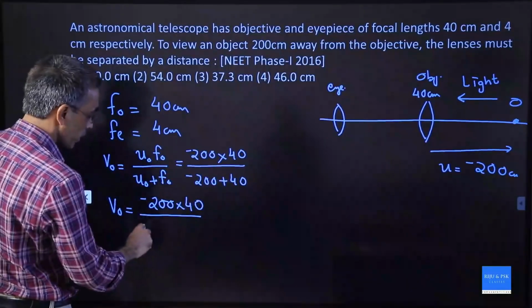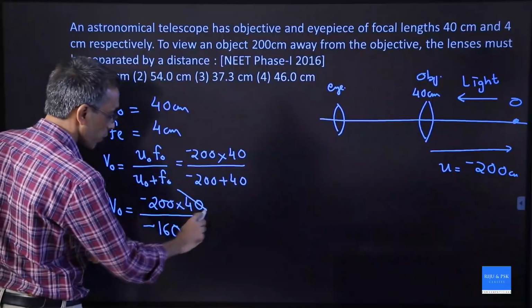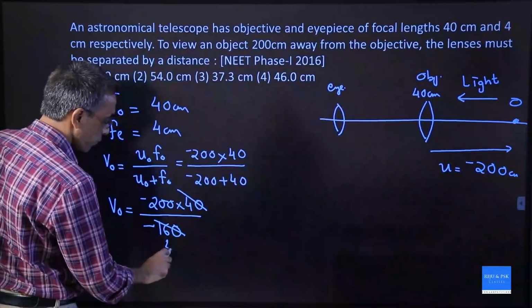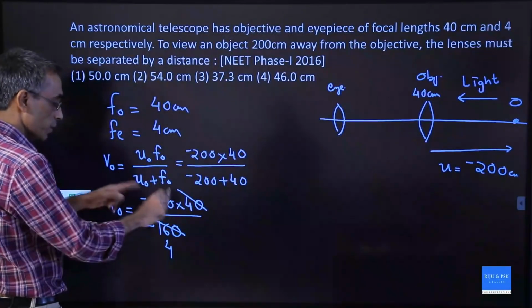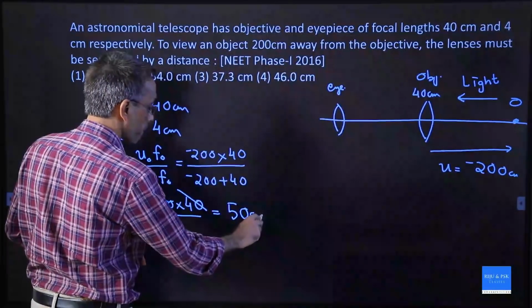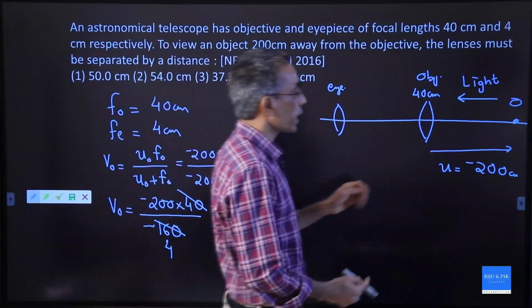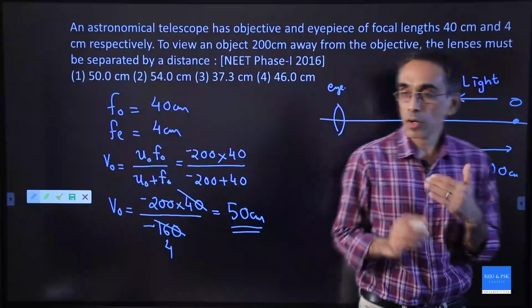Minus 200 plus 40 is minus 160. Minus 160, you can see 40 will go in 160 4 times, minus and minus cancel, 200 by 4 is equal to 50 centimeter. So the image will be formed at 50 centimeter from the objective lens.